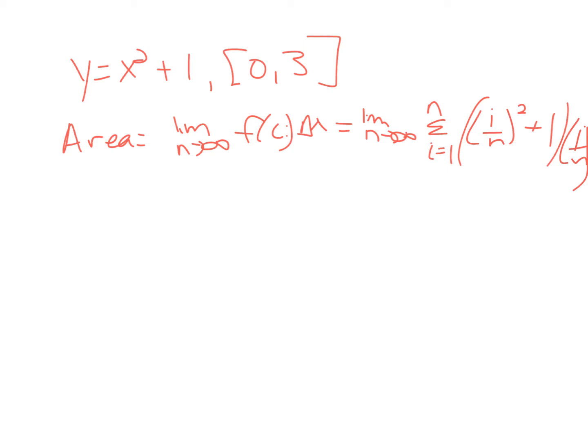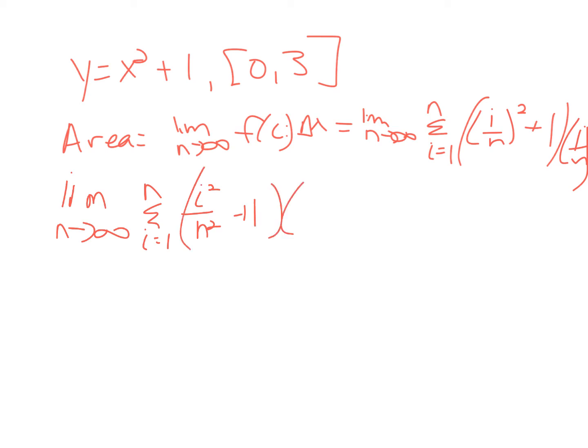So when we go to solve this, we FOIL out a little bit. And when we FOIL out, it's going to get us i squared over n squared plus 1, times 1 over n. What we can do temporarily is move the 1 over n out, and then keep the rest inside here.